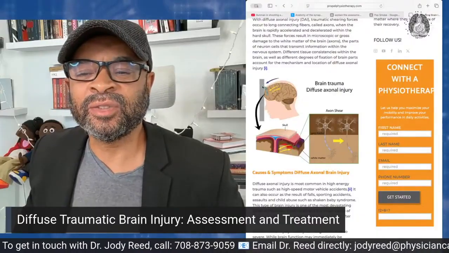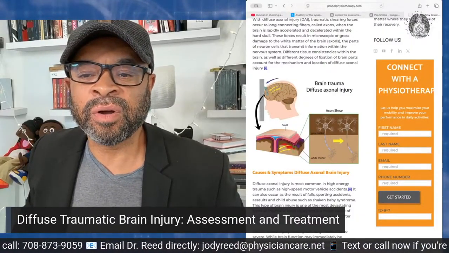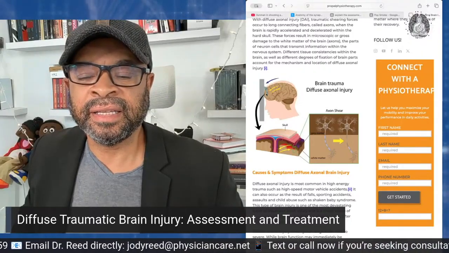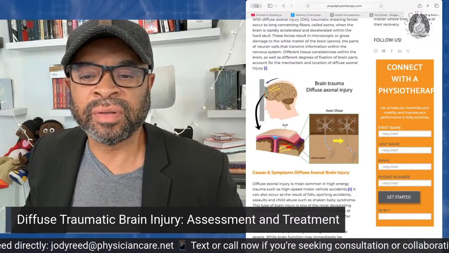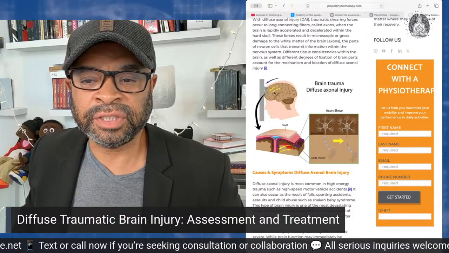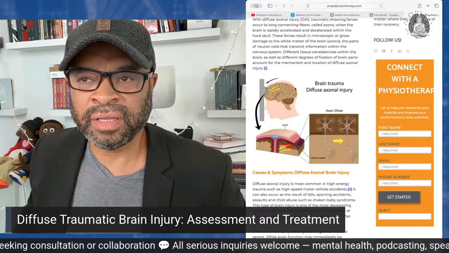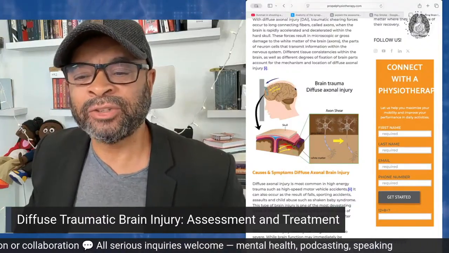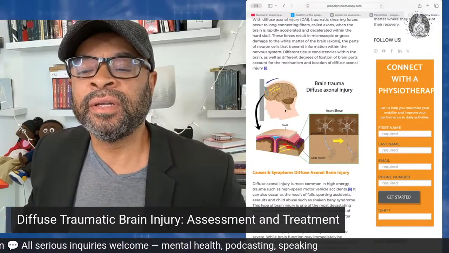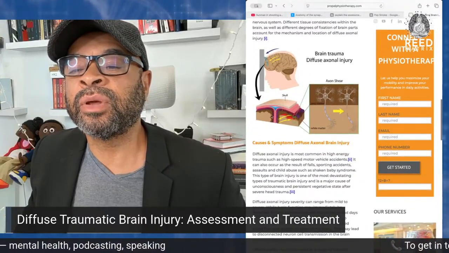Okay. Here's the wall. Here's the brain pushing forward and hitting the internal surface of the skull. And just like gelatin, it pushes, comes back, and you can get a second injury when the sponge hits the back of the skull. Now look at all of these layers that become disrupted.